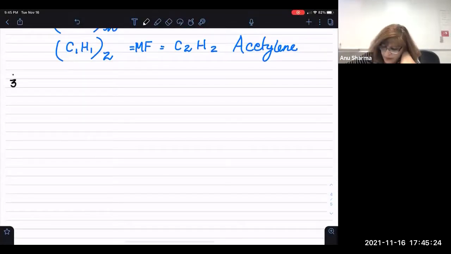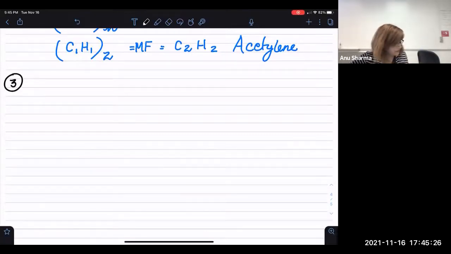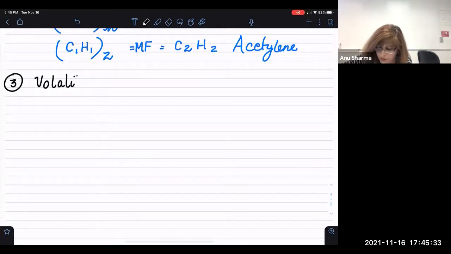number 3. So this is determining the molar mass of a volatile liquid. Now, volatile liquid, what does it mean to you? What do you understand by volatile liquid? Very reactive.